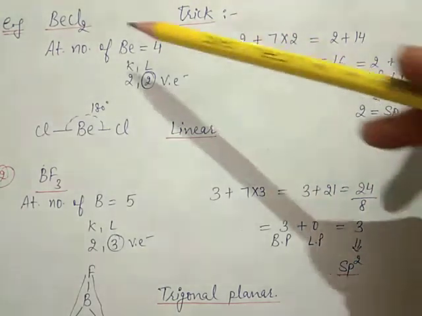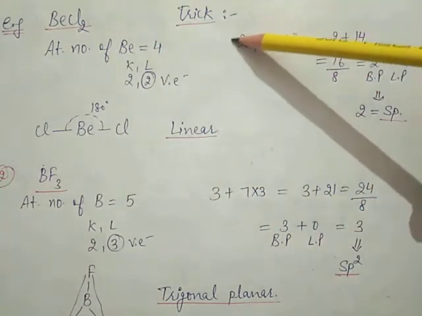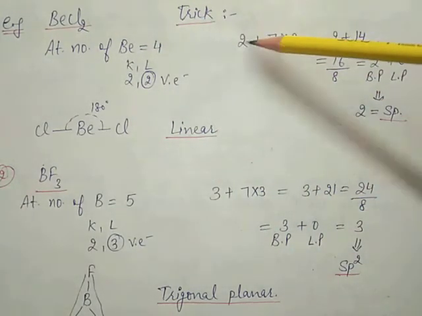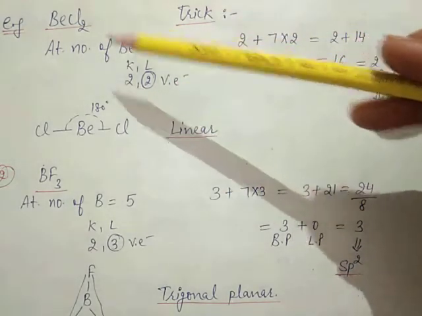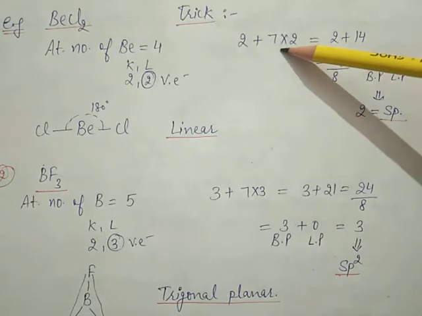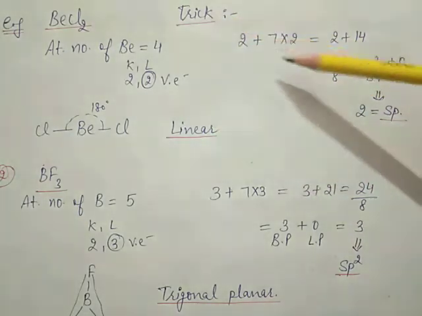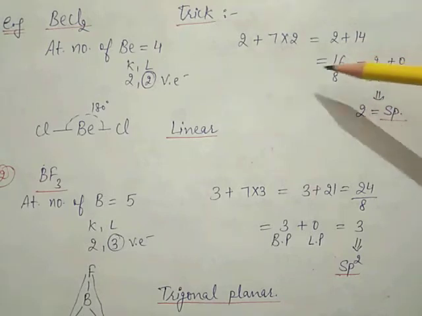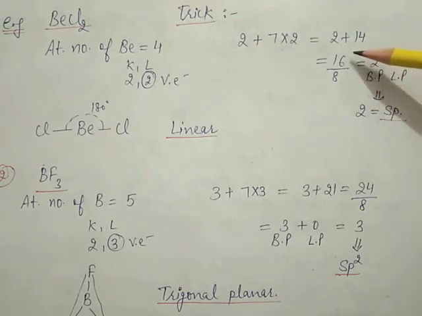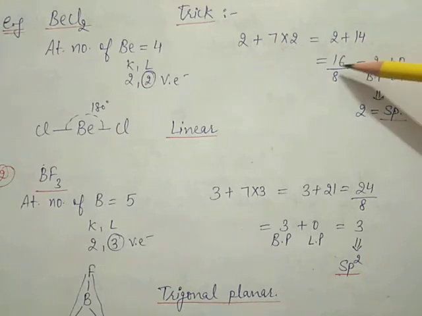Here, first we write the total number of valence electrons of beryllium. This is 2. In case of chlorine, the total number of valence electrons is 7. How many chlorine atoms? 2. So multiply by 2. This is equal to 2 plus 14, and the answer is 16. If this number is more than 8, then it is divided by 8.